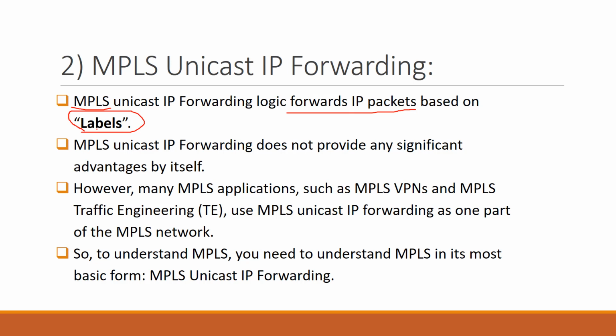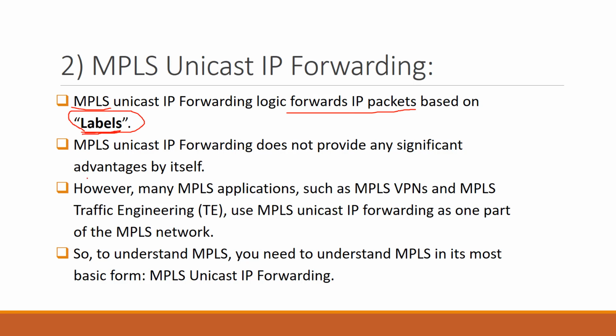Usually when we use routing protocols, we forward packets based on the destination IP address residing in the IP header, whether it's an IPv4 header or an IPv6 header. But when we use MPLS, the forwarding is totally different. It uses the labels.